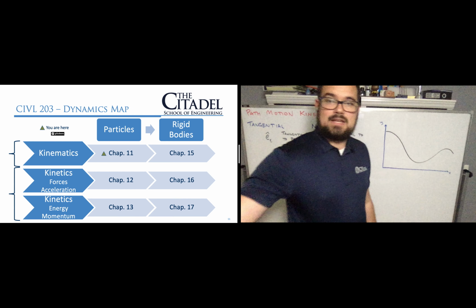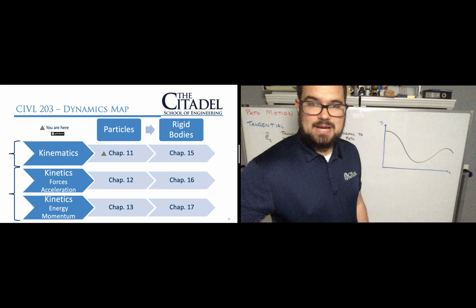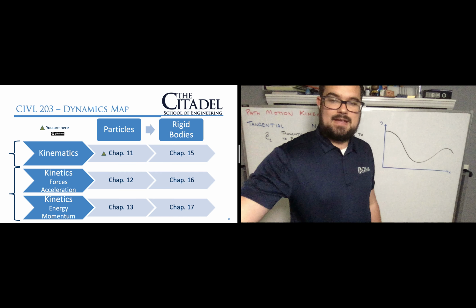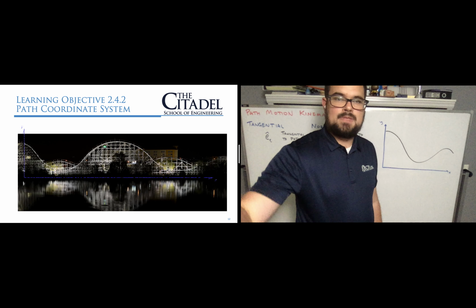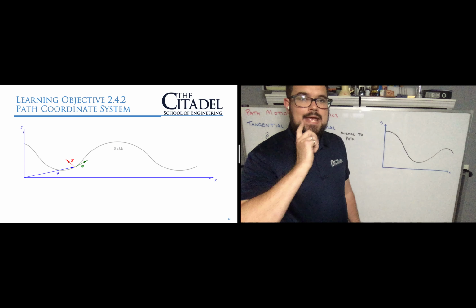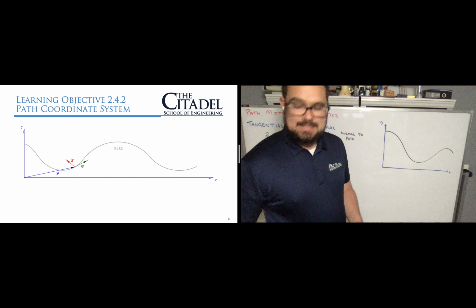If we look at this in our slide, we're still in chapter 11.5A now in Beer and Johnson's textbook. We can think about our coordinate system here, but we're going to have these components.